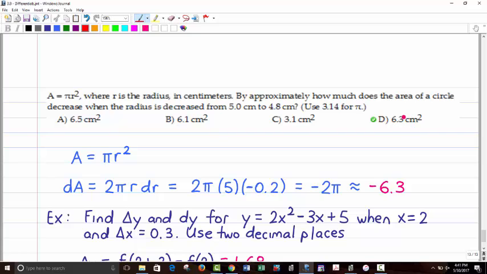Now you might think, why do I have negative and they have positive? It's because they use the word decrease. So in other words, decrease by a positive number is saying increase by a negative number. See, my problems are always set up in terms of increase.